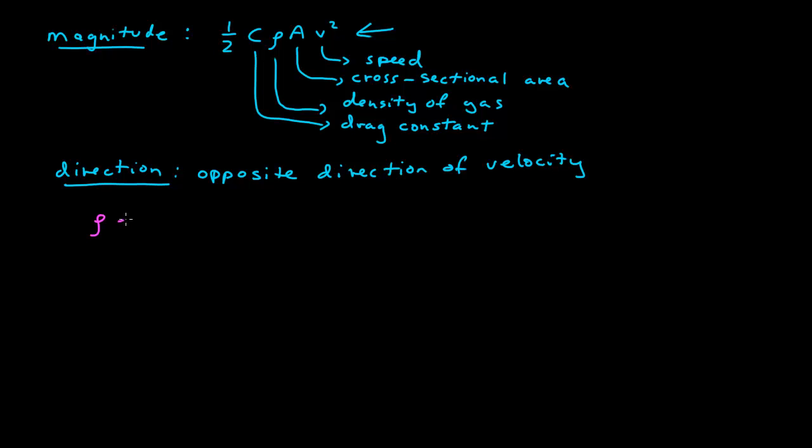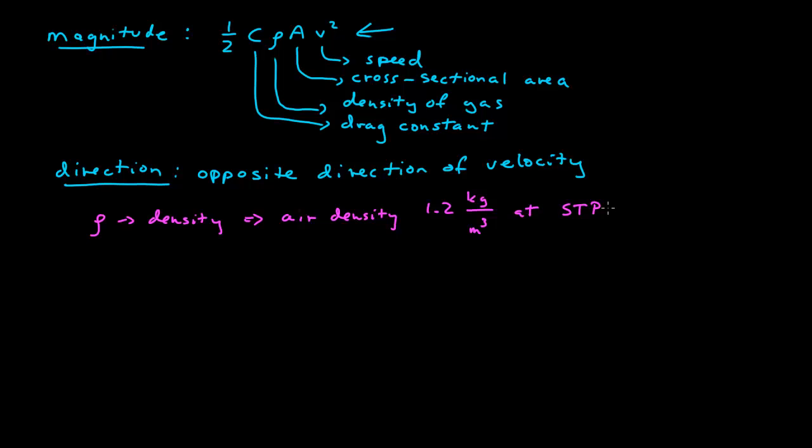The rho is the density of the gas. And just for example, air density is 1.2 kilograms per meter cubed at standard temperature and pressure, which is room temperature and 1 atmosphere of pressure.